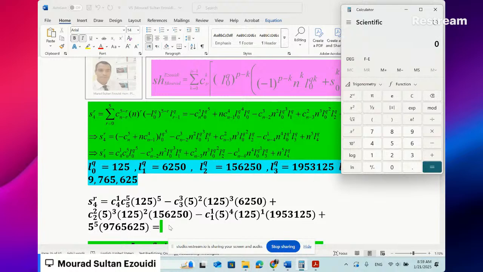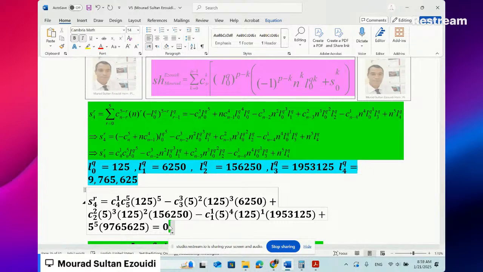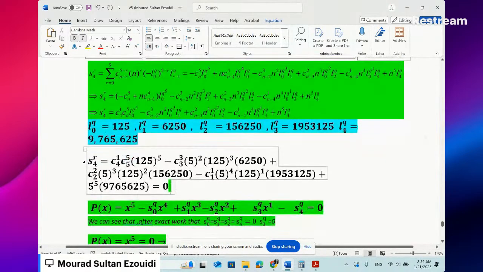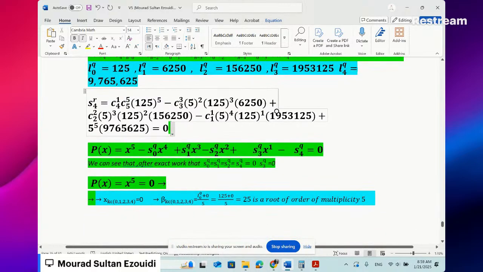This is your pioneers in methods model. So now I will go back. You can see that x equals 0 is a root of the new fifth degree equation where the order of multiplicity is 5. Now the root will be 125 plus 0 divided by 5, which is 25.